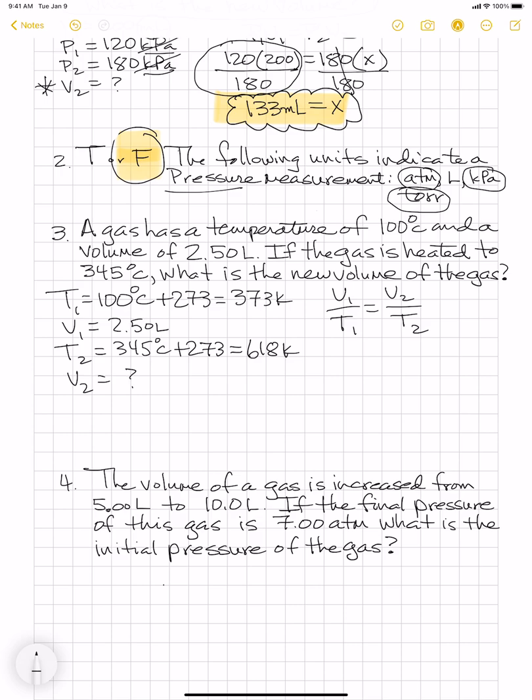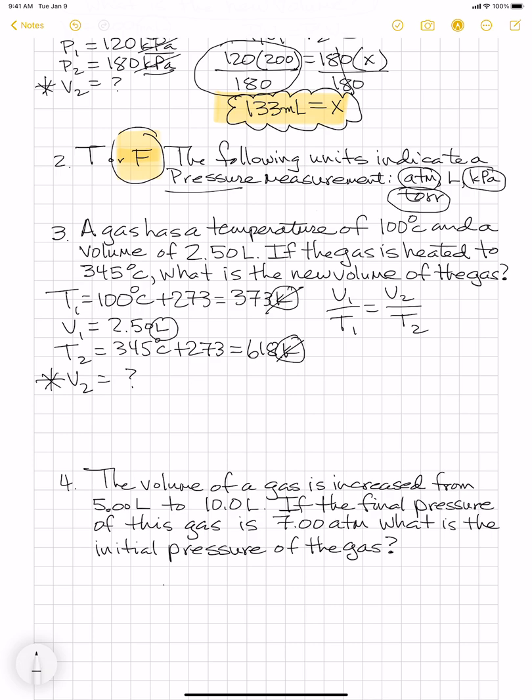We're solving for V2. So once again, you can see that you've got Kelvin here and here. Those will cancel out in the math, and the only unit left is liters, which is good because you want liters for your final answer. That's a volume unit. So let's plug in the numbers and solve, okay?